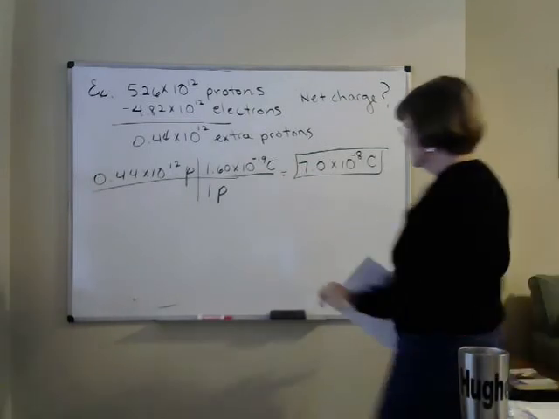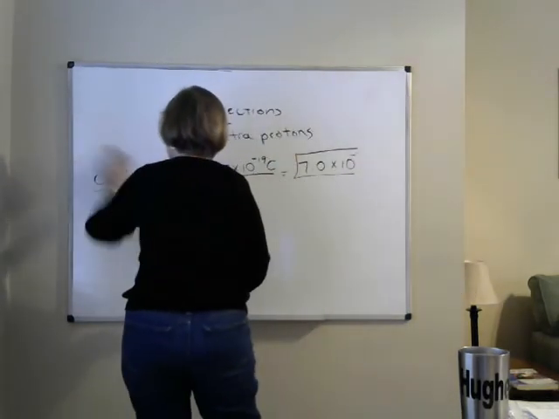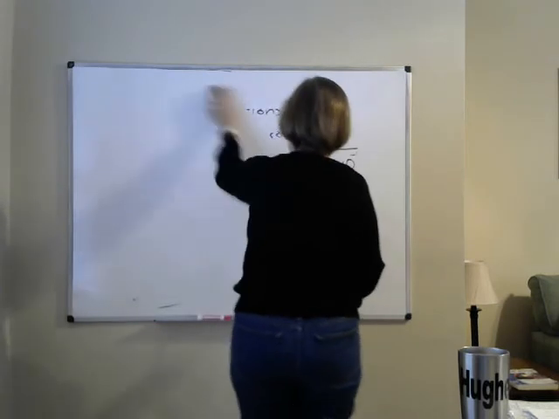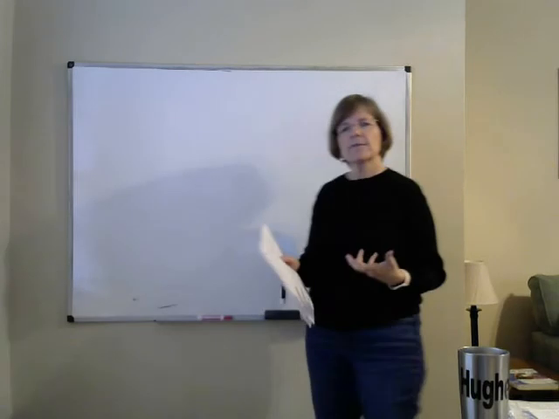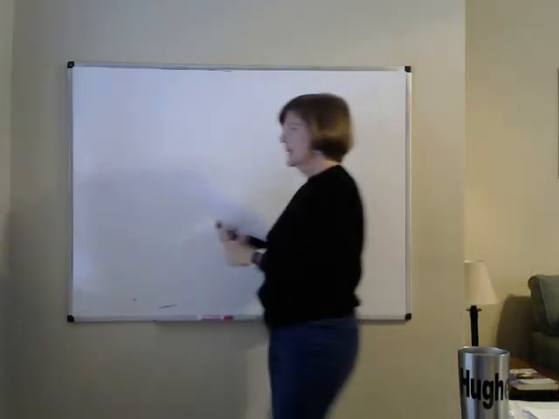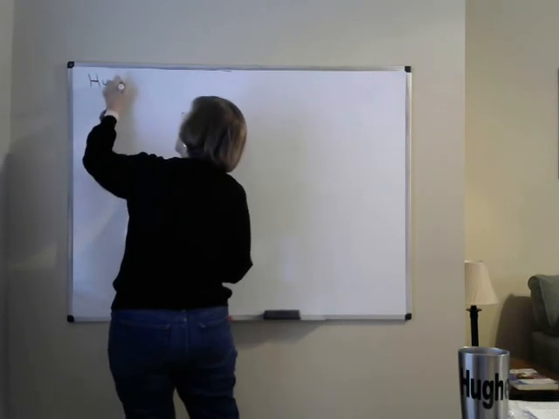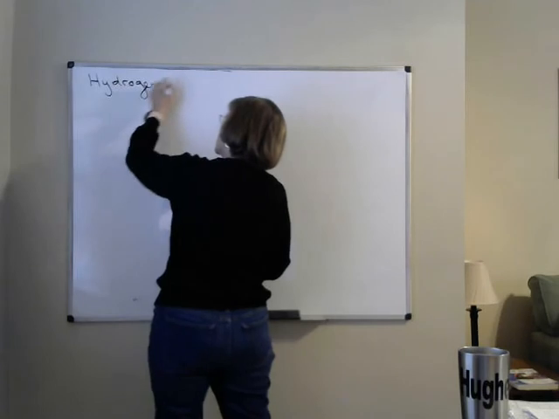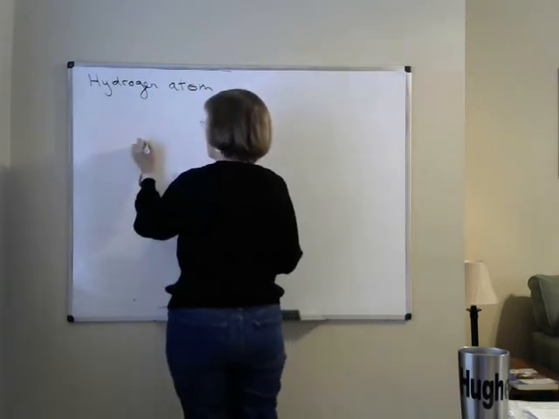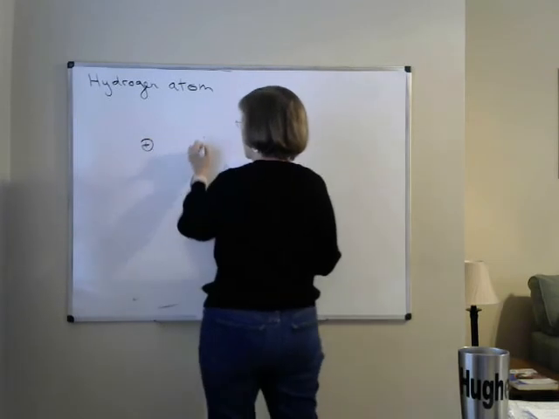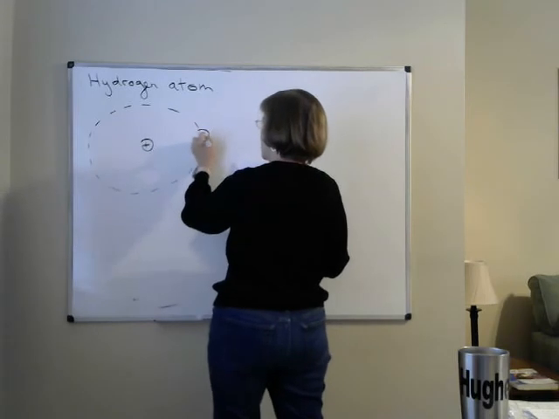Okay, let's do some Coulomb's law. Let's start by looking at the electrostatic force within a hydrogen atom. A hydrogen atom, which is the world's simplest atom, basically has one proton, and then circling that in the cloud, and we're going to go at the average orbit here, has one electron.